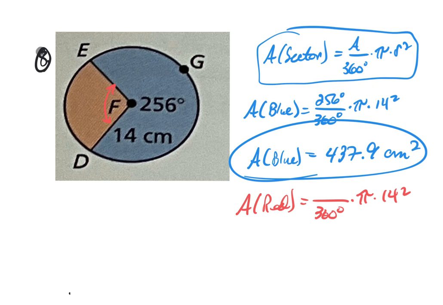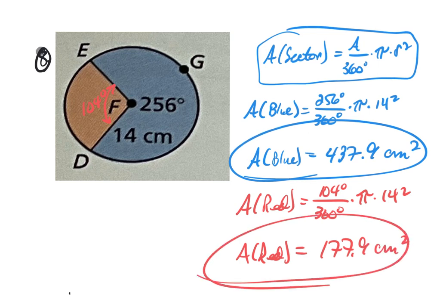So if the blue angle is 256, the red one is 104. So I can insert 104 for the angle, and once again, just move to your calculator and do the arithmetic. 104 divided by 360, again kind of a crazy decimal, multiplied by pi, and multiplied by 14 squared. And we should get approximately 177.9 square centimeters. Okay, so we're supposed to find the area of both blue and red.